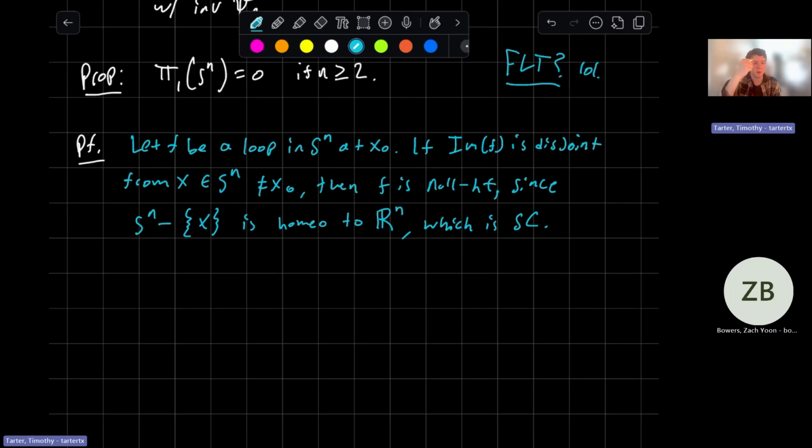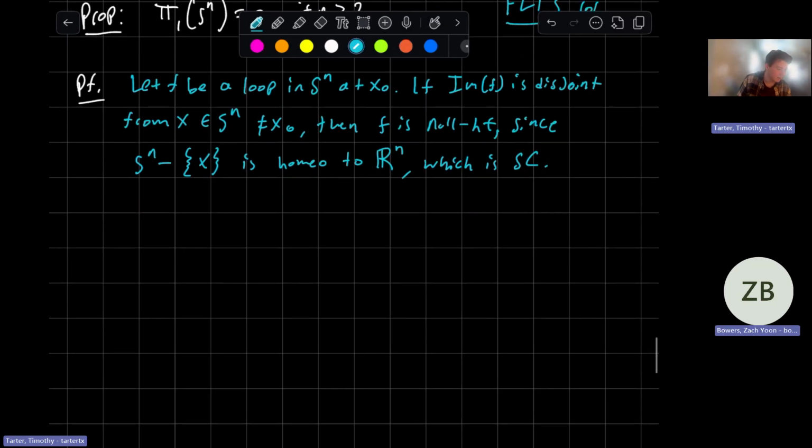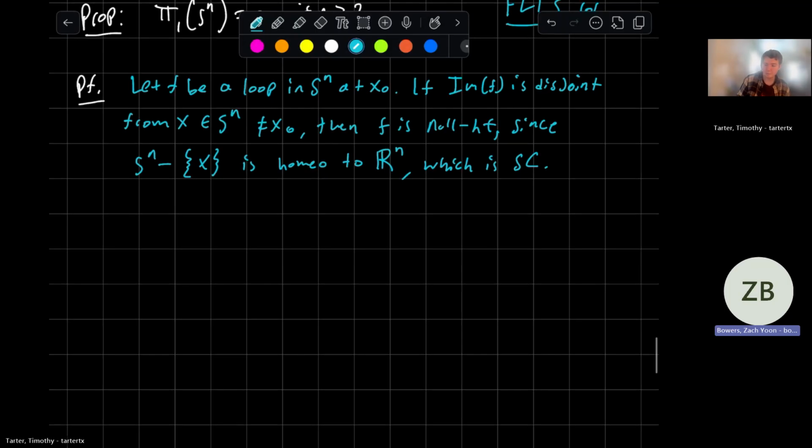If we remove one point from S^n, then it's like removing the infinity point from S^n, which gives us R^n. Yeah, okay. I think we did something similar in class, right? Yeah, we did a good mix of this stuff, so it's mostly familiar.